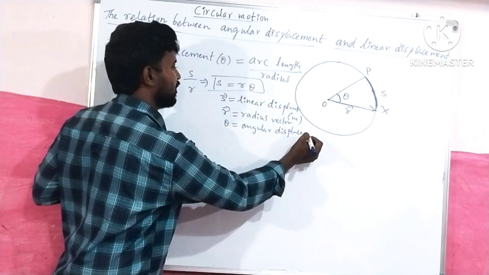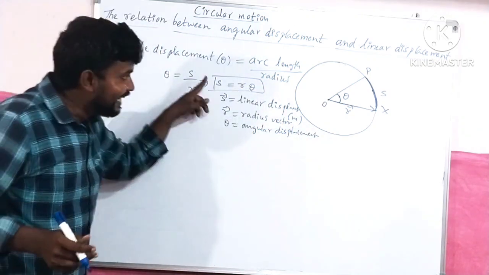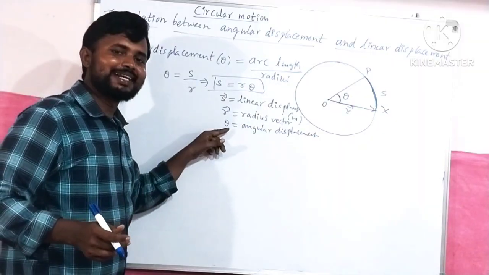This s equals r theta gives the relationship between linear velocity and angular velocity.